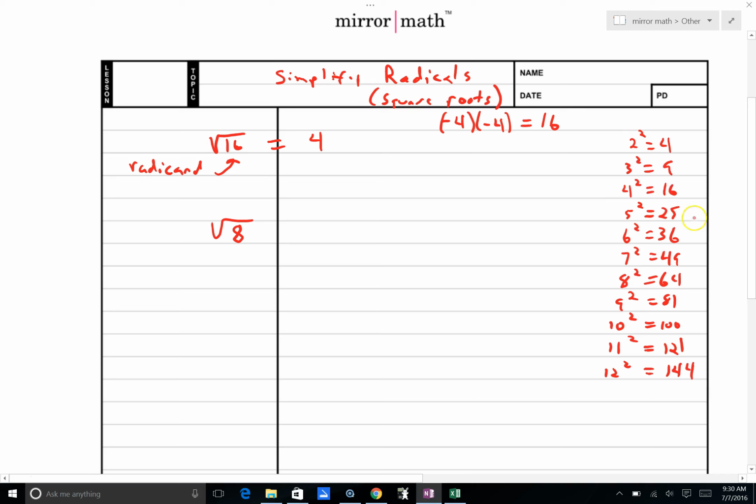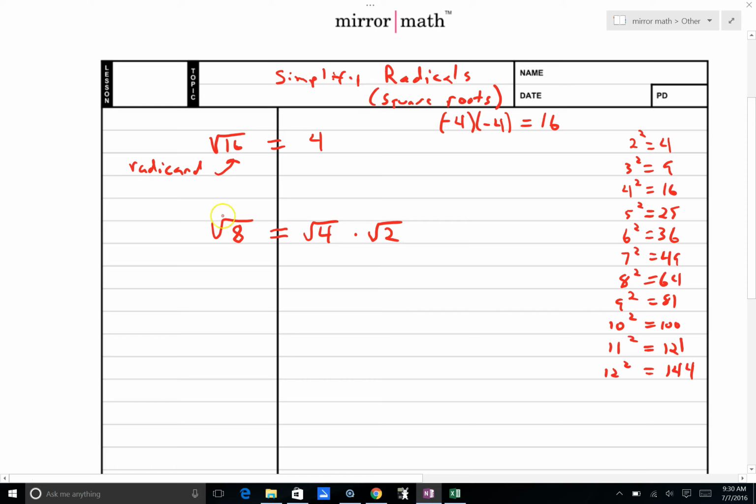So when you see this particular number, this radicand, you need to think, what are its factors that are perfect squares? For instance, 8 is 4 times 2. So you will rewrite this square root of 8 as the product of some perfect square and whatever the other number would be.